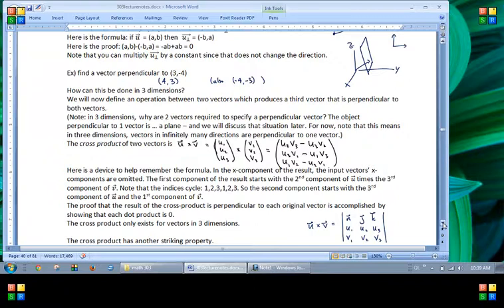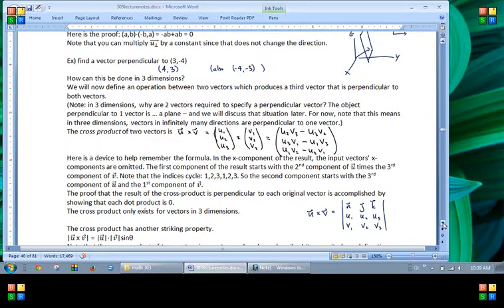Okay. So the cross product. The first thing we learn about the cross product is that it produces a third vector, which is perpendicular to your 2 vectors. Okay, cross product has another pretty incredible property. The cross product gives you a vector.